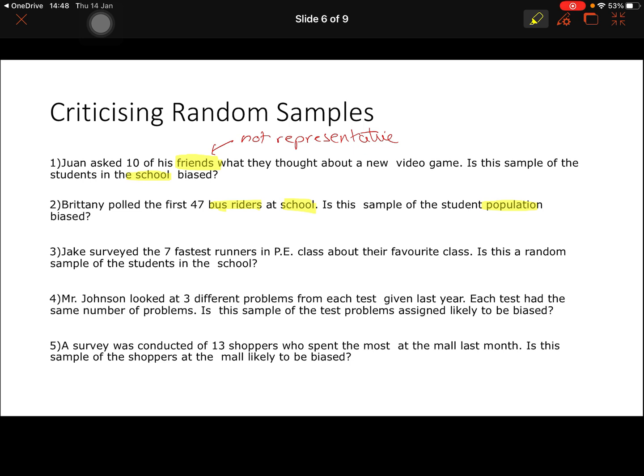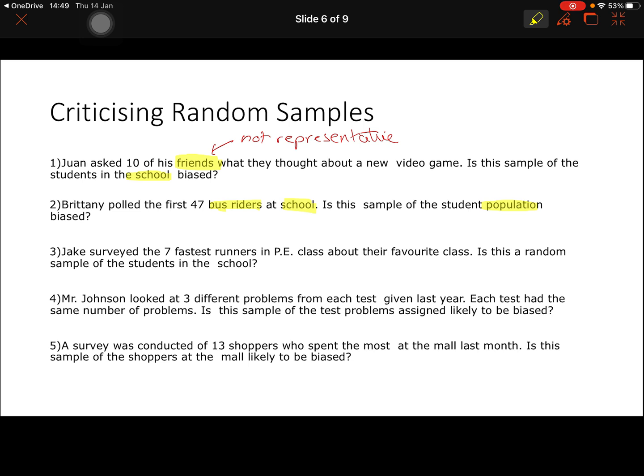Jake surveyed the fastest 7 runners in PE about their favourite class. Now, it could be that this is unbiased, and it could be that it works as a random sample anyway. The only issue you've got with this, if you're thinking about the 7 fastest runners, it's a bit like asking, for example, the 7 best mathematicians what their favourite class is.